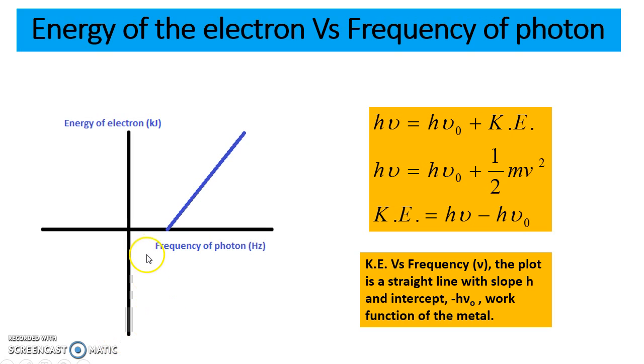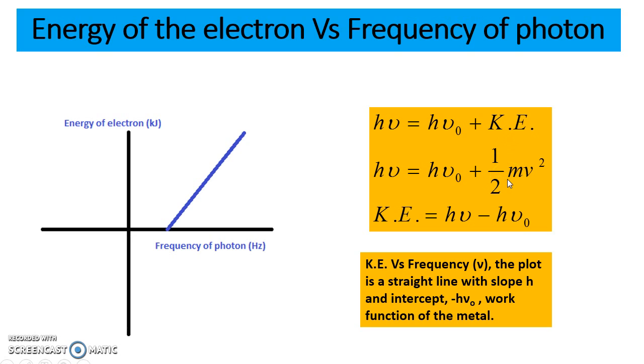When a plot of the kinetic energy of the electron is made as a function of the frequency of the photon incident, then we get lot of information, and that we'll see now. By writing the equation for the energy conservation, the energy of the incident photon h nu is equated to the sum of threshold energy and the kinetic energy.